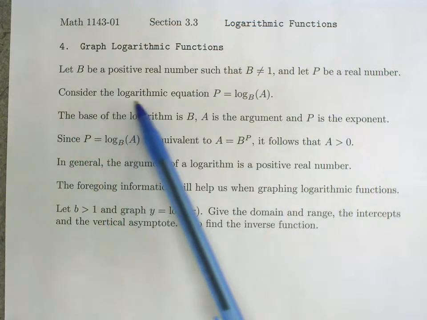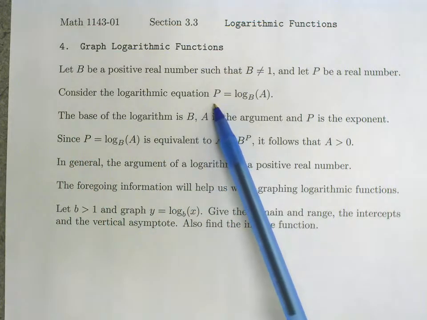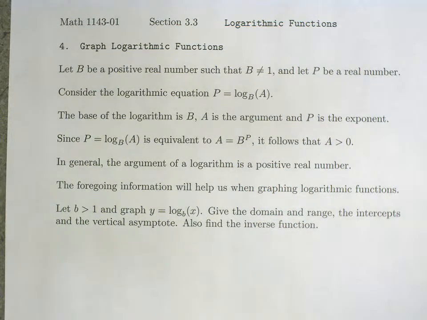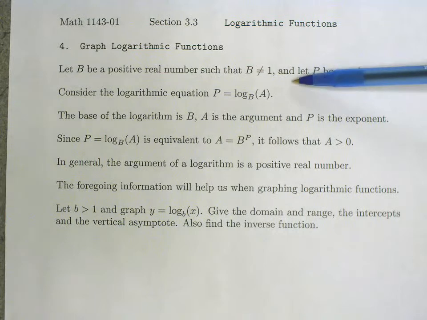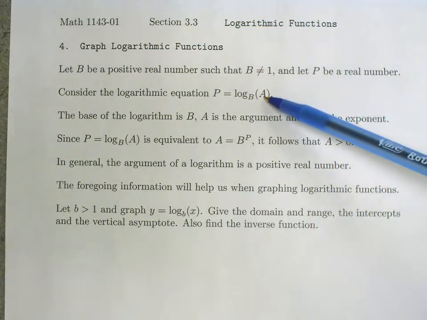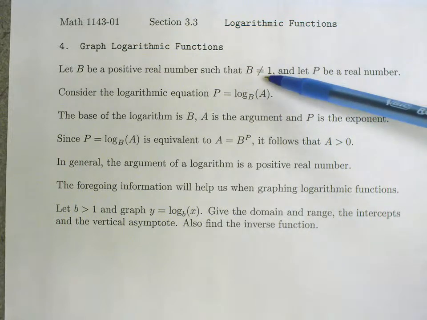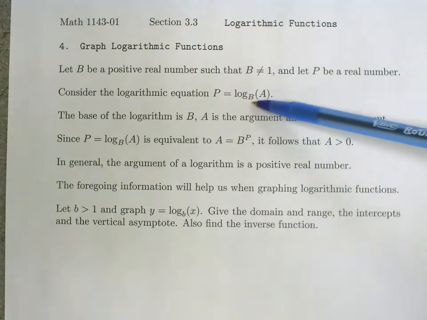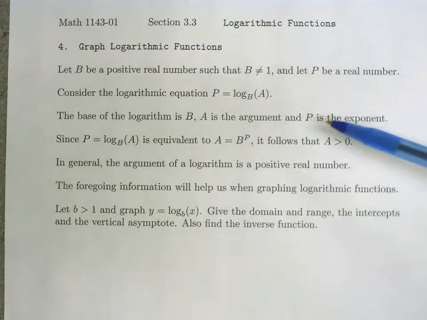And consider the logarithmic equation P equals log base b of A. The base of the logarithm is capital B. Capital A is referred to as the argument of the logarithm. It's whatever number or expression that you're computing the logarithm of.